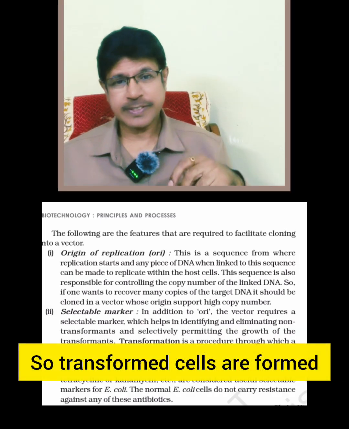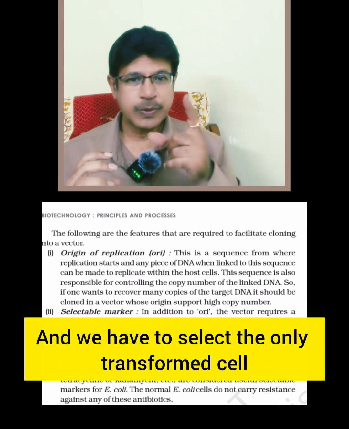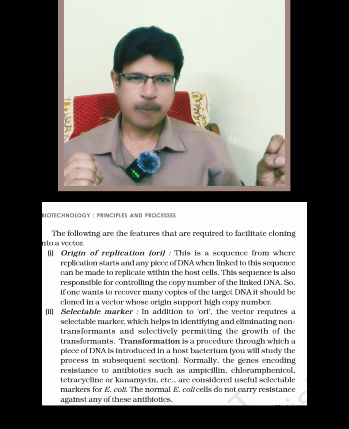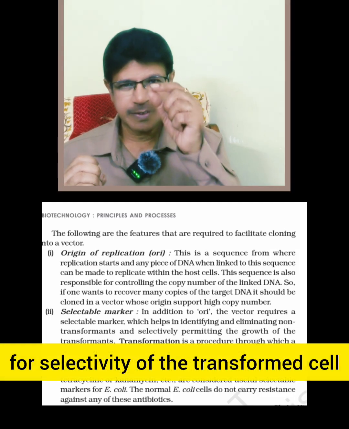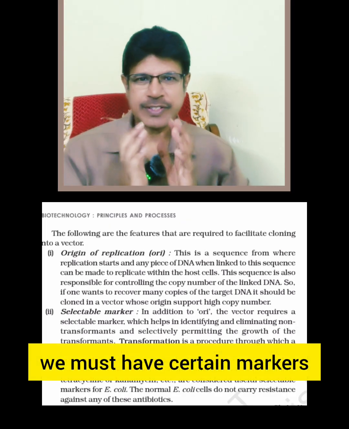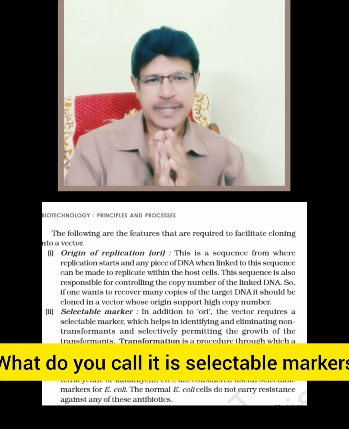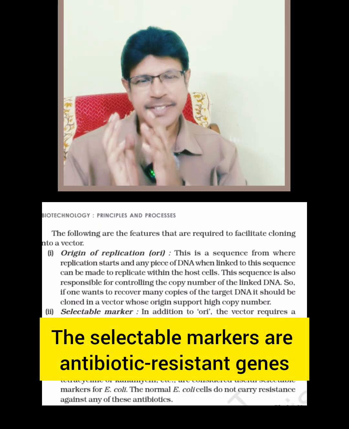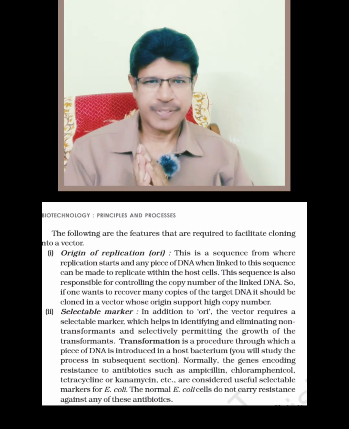So transformed cells are formed, and non-transformed cells are formed. We have to select only the transformed cells and eliminate non-transformed cells. So for selectivity of the transformed cell, we must have certain markers. What do you call them? Selectable markers. The selectable markers are antibiotic resistance genes, not antibiotic producing genes.